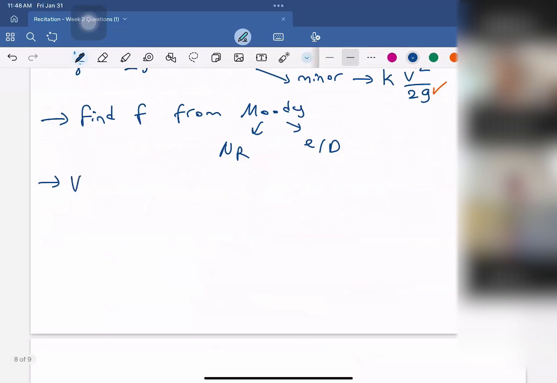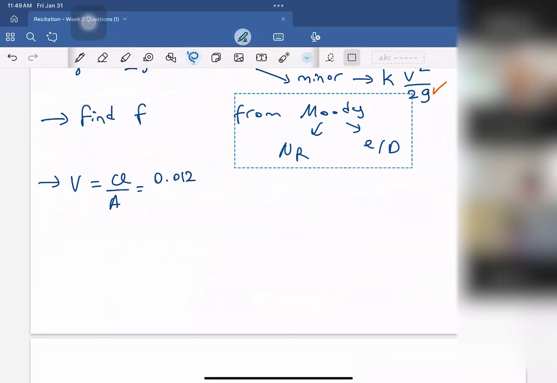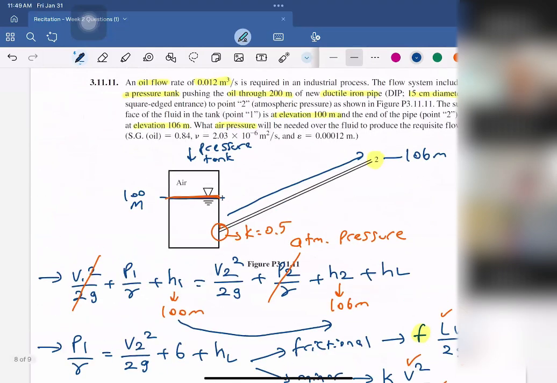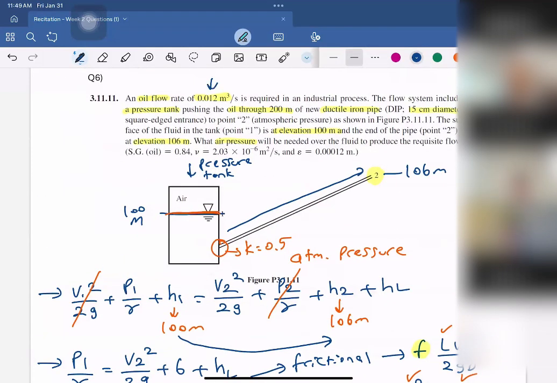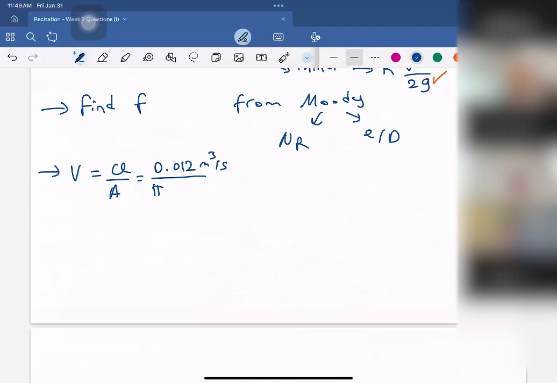So I will first calculate velocity as Q over A. And we have the flow rate, and the diameter was 15 centimeters, so that we can convert it to meters. Which will be 0.668.